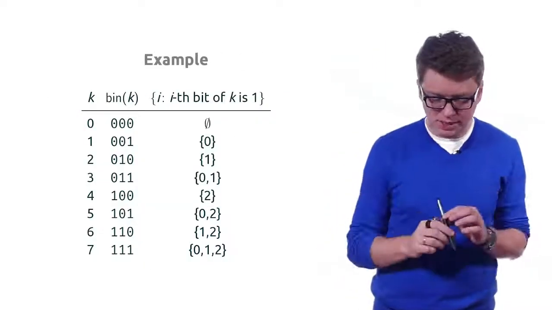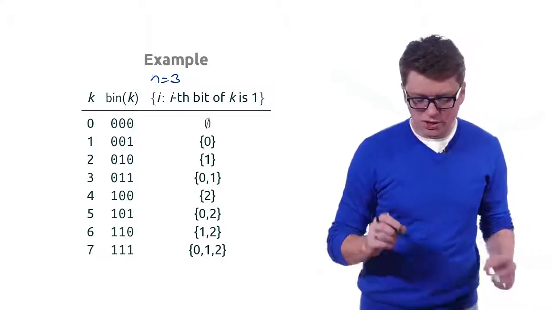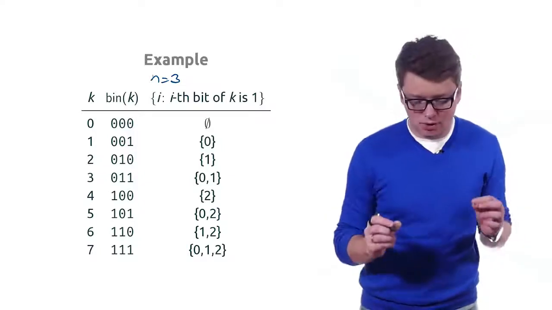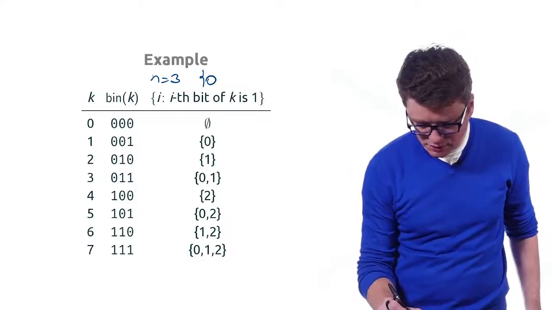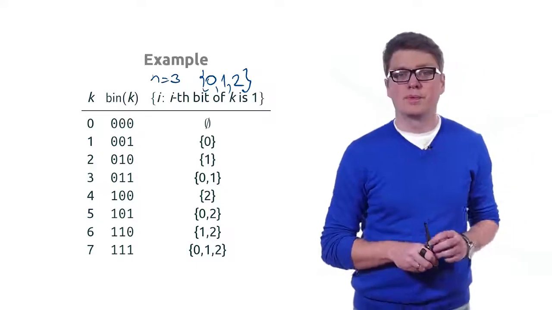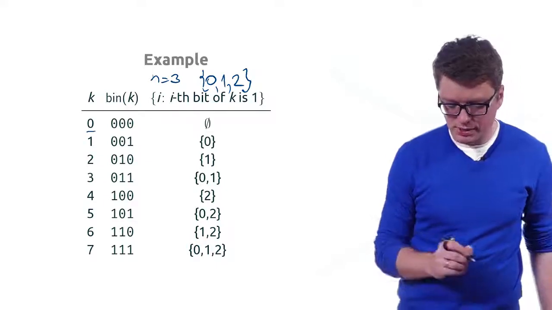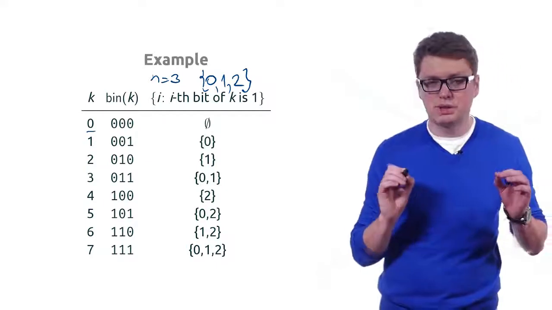So assume that n is equal to 3. So we are considering all subsets of the set consisting of 3 elements, 0, 1, and 2. Then if we write down the value 0 in binary, we get 0, 0, 0.